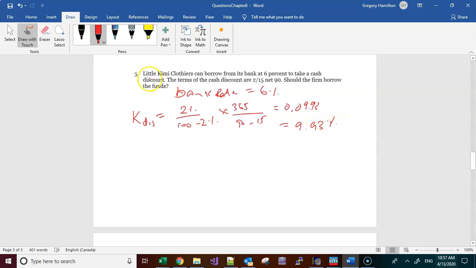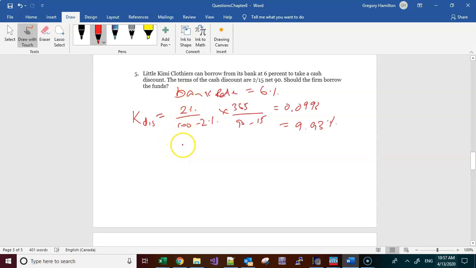So you can see that the cost of not taking the discount is greater than if he goes to the bank, borrows the money, and takes the discount.